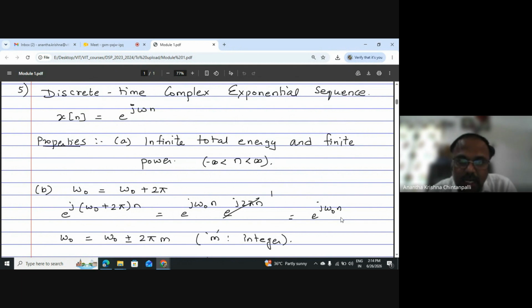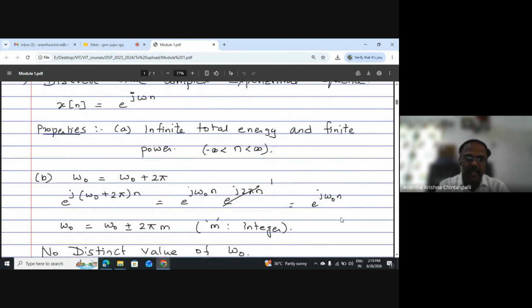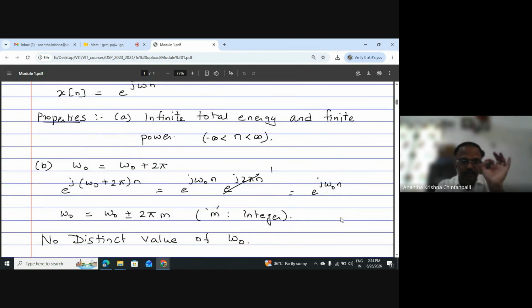If you look at a continuous time complex exponential, e to the power of j omega t, t can take any value going from minus infinity to infinity, correct? So considering that part, there will always be a distinct value of omega naught.